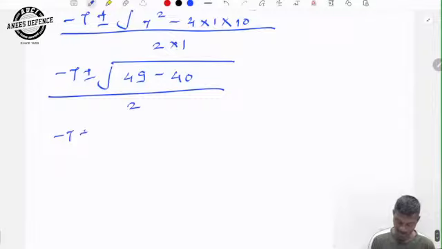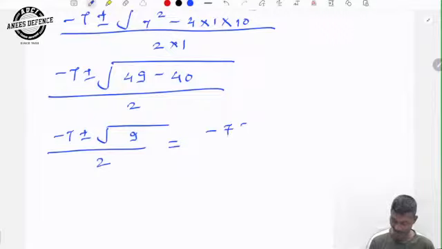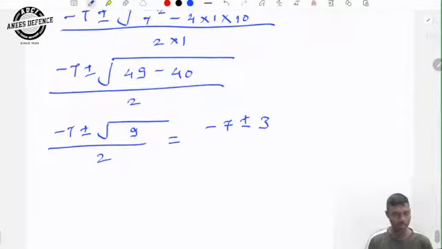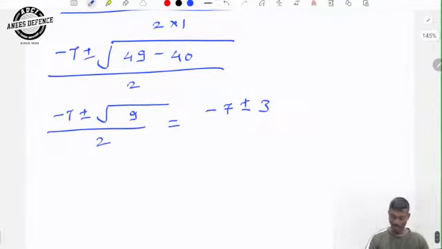Then minus 7 plus minus under root 9 divided by 2, which is equal to minus 7 plus minus 3, as under root 9 is equal to 3, upon 2.